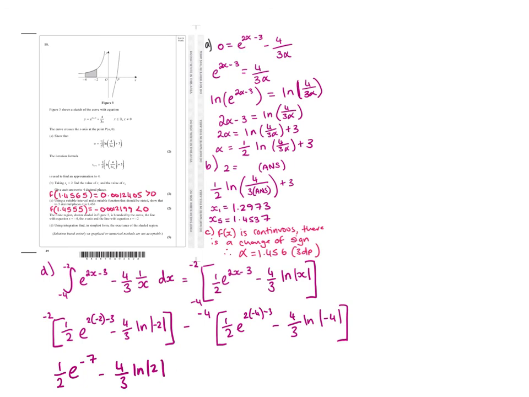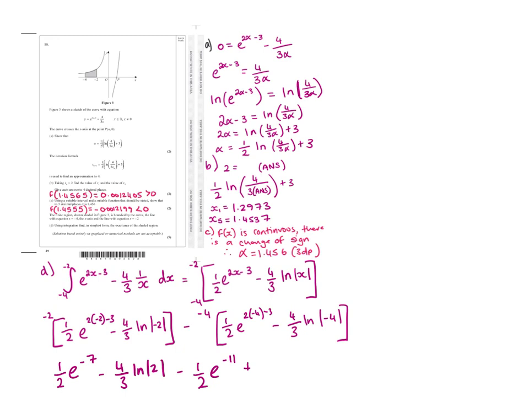And then we're going to have minus a half e. Minus 4 times 2 is minus 8. Minus 3 is minus 11. Plus 4 over 3 ln of 4.